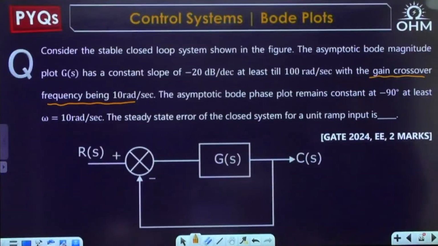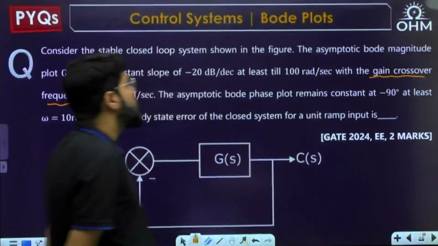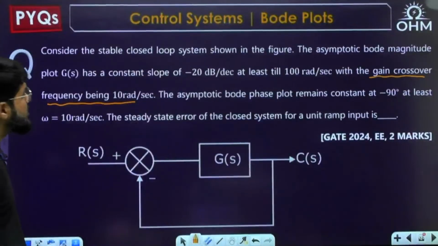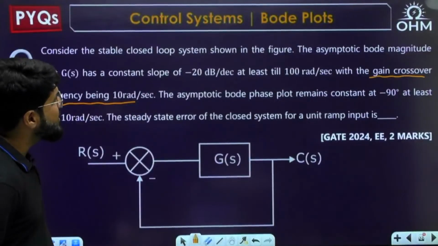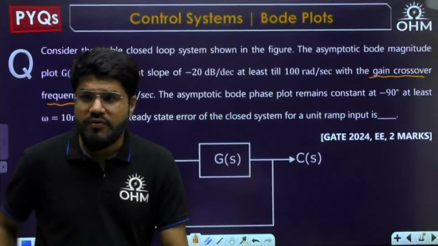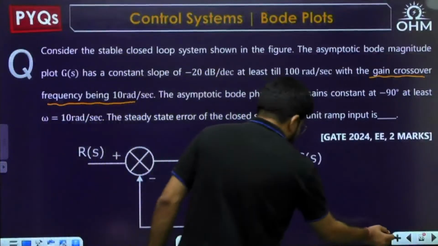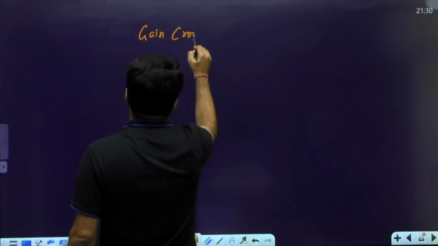So consider the stable closed loop system shown in the figure. The asymptotic Bode magnitude plot has a constant slope of minus 20 at least till 100 radian with the gain crossover frequency. Now, what is gain crossover frequency? Just one line I will tell right now.